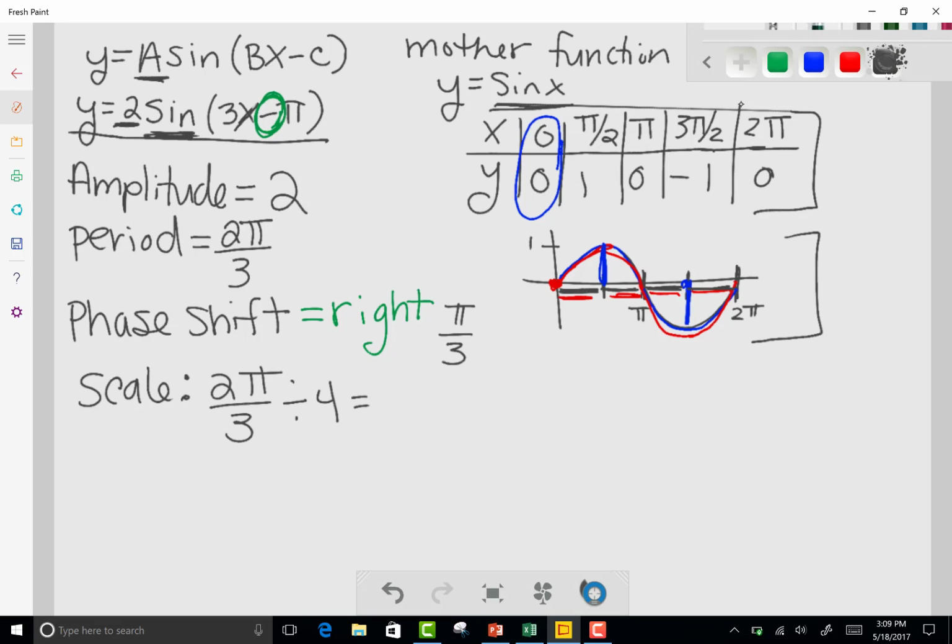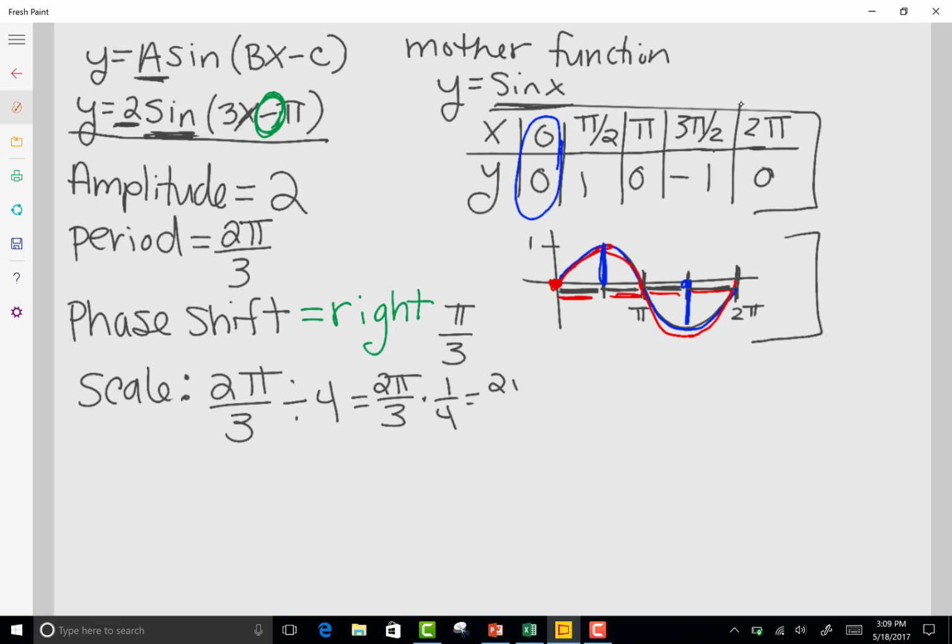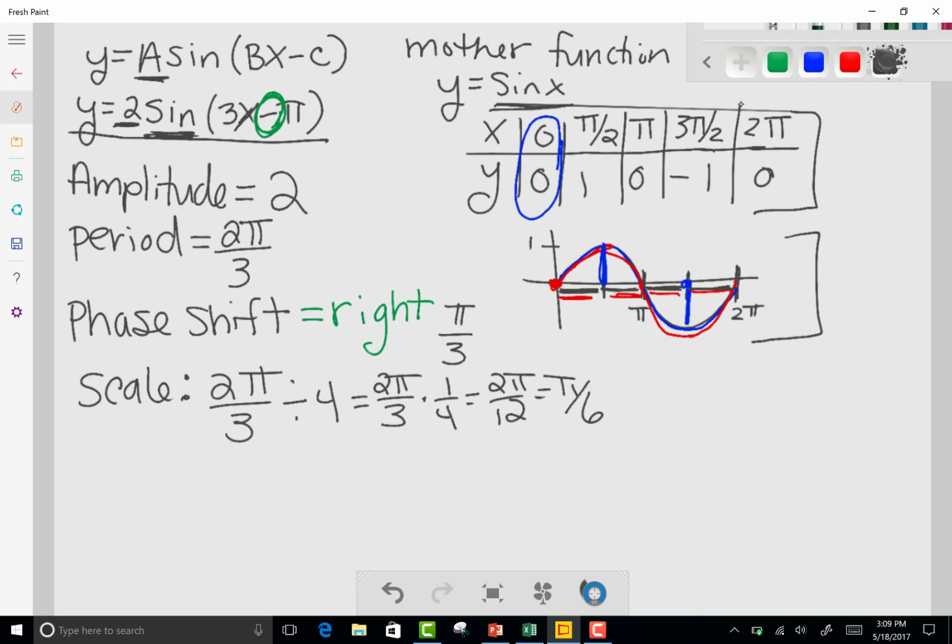Remember, when you divide and you're dealing with fractions, you change the division to multiplication, and you multiply by the reciprocal of the second value. So you take 2 pi over 3 times 1/4, and you get 2 pi over 12, which is pi over 6. So what that means is each of these intervals, when I draw my translated function, should have a length of pi over 6.